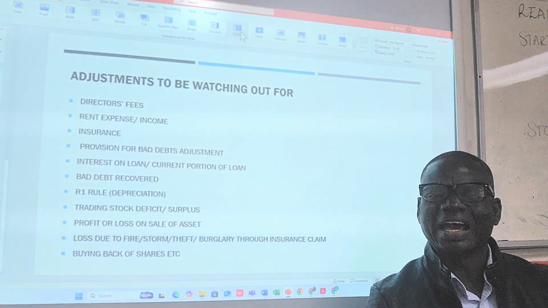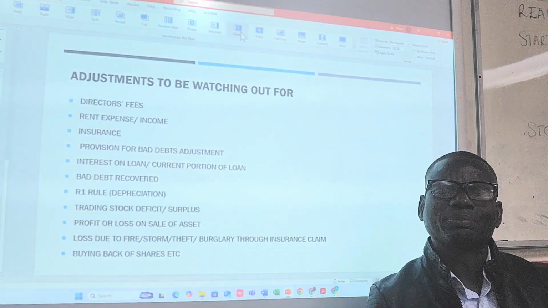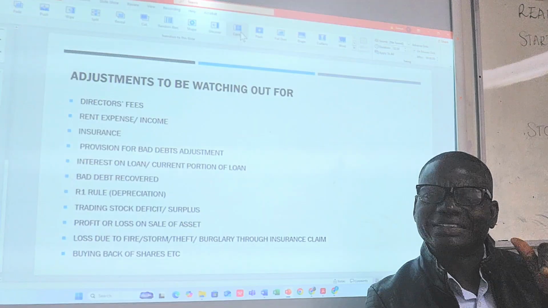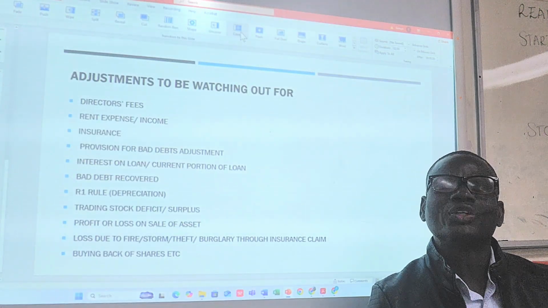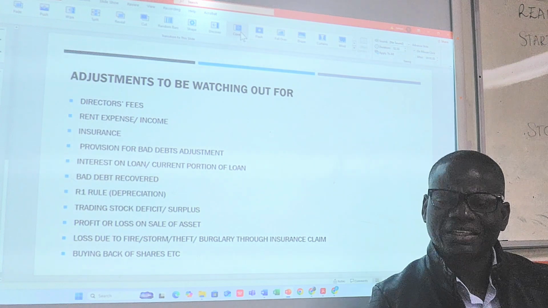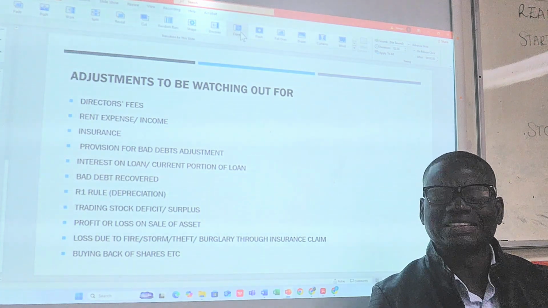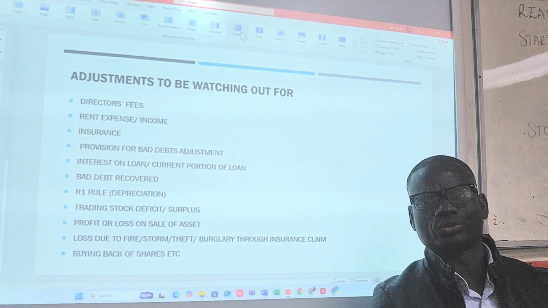It means that it's an additional income, which is other operating income. If it has been written in the debtors' control, it means that the debtors' control has been reduced wrongly. You need to add that amount back so that you get the correct debtors' control. Then you put the amount as bad debt recovered. That is how to deal with that. Then one line rule.